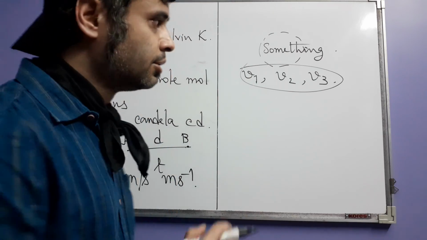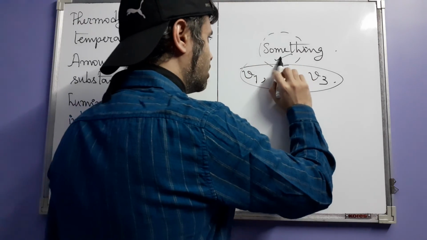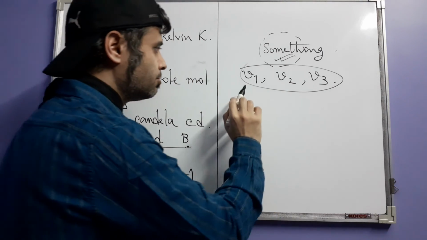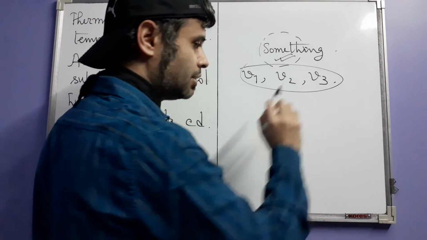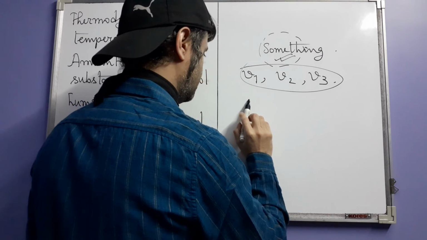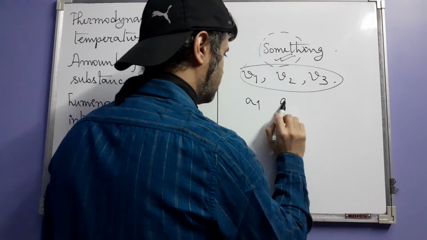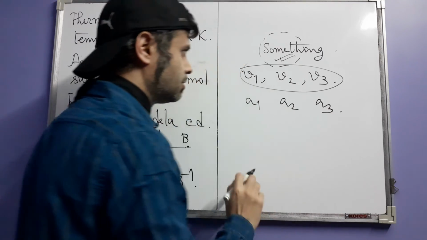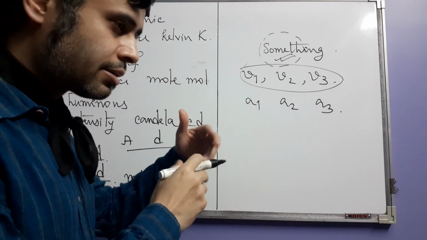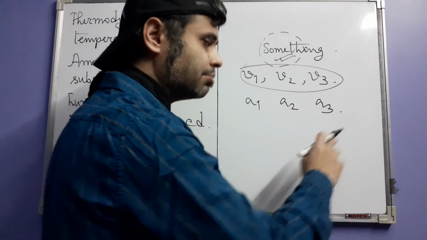Then you conduct the experiment and make measurements. So you get some values for V1, V2 and V3. Say you get these values, A1, A2, A3.